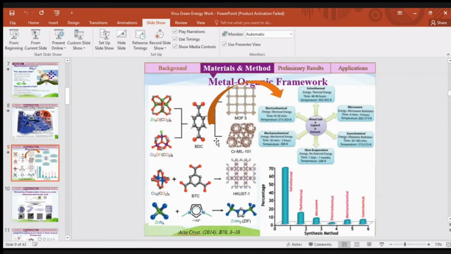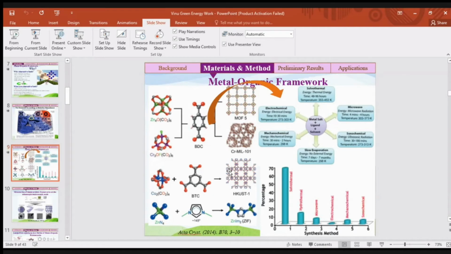So how can we synthesize them? Metal salt with ligand, and we need to use some kind of solvent. There are so many cooking methods, like a pressure cooker. We can use it for 30 minutes to even more than 3 days or 5 days. It will cook very slowly, and finally we will get some kind of porous structure.